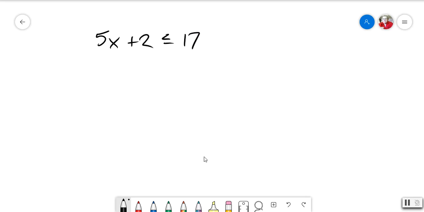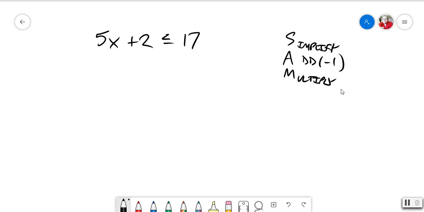Well, for the third or fourth or fifth time, it comes back to the same: simplify, add, which includes subtraction, and multiply, which includes division. And you do it just the same way as you would an equation.